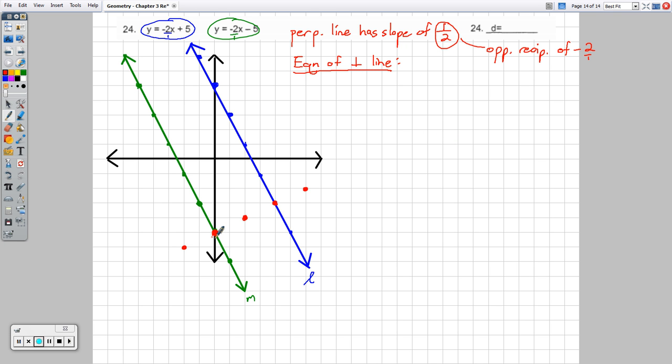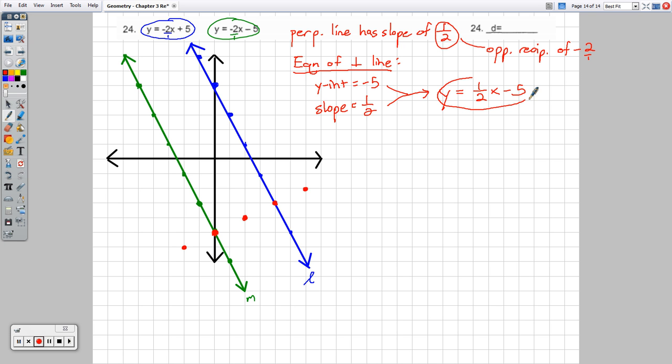Based on that, we started here. This is a y-intercept of -5. So we have a y-intercept of -5. We have a slope of 1/2. If we combine those ideas together, we have an equation for the line: y equals 1/2 x minus 5.